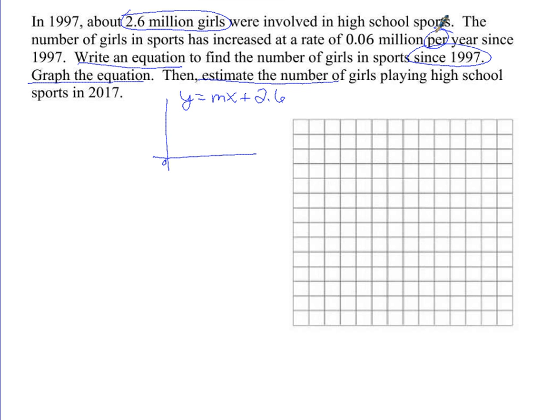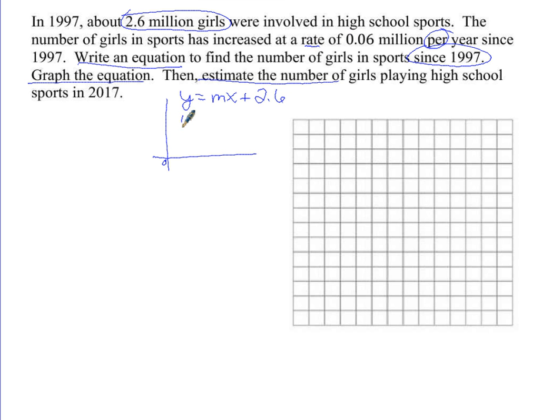Per year. That's a rate. It even said rate. What's another phrase for slope? Rate of change. They gave me the rate of change, which means they gave me the slope. Even though it doesn't say slope in this problem, because I know that slope is a rate of change, and they told me rate right here, I know that that is my slope.